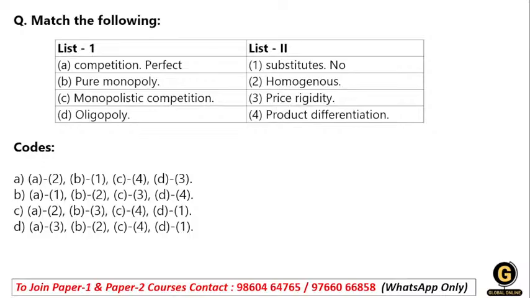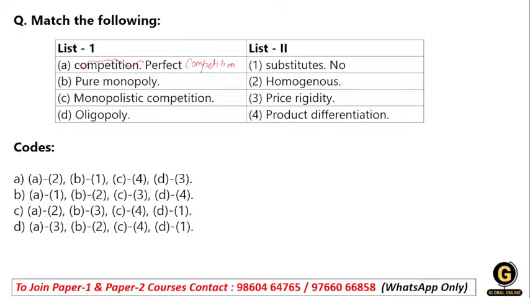In list number 2, see how it connects with list number 1. As you know, in perfect competition products are homogeneous, and they are homogeneous substitutes for each other. A feature of perfect competition is that the products are identical, that means they are the same.